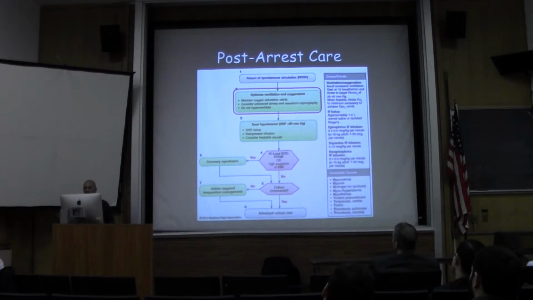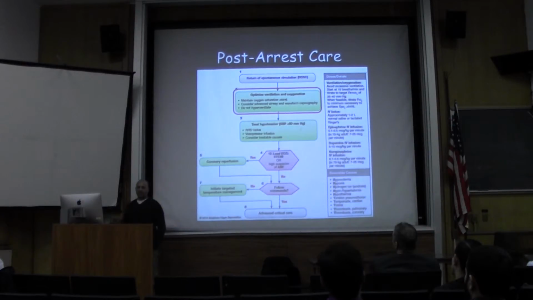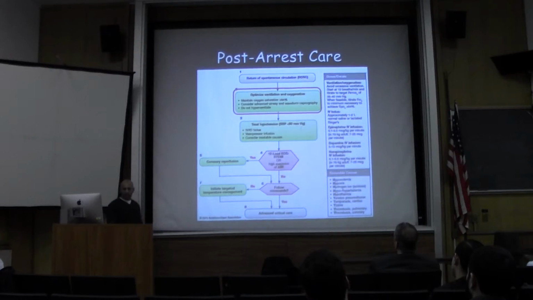You won't know until you do an ABG. But they recommend to keep it between 94 and 98 or 99%, okay? Again, do not hyperventilate for the reasons that I mentioned. And continue to treat reversible causes. And if you have it already, then you would place an advanced airway in this patient.